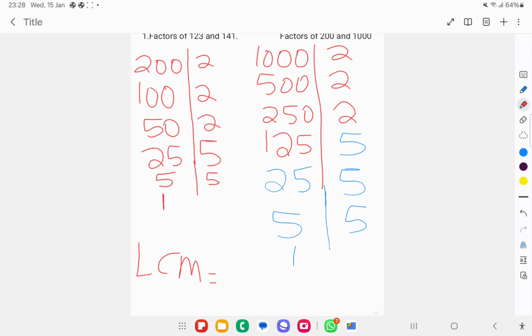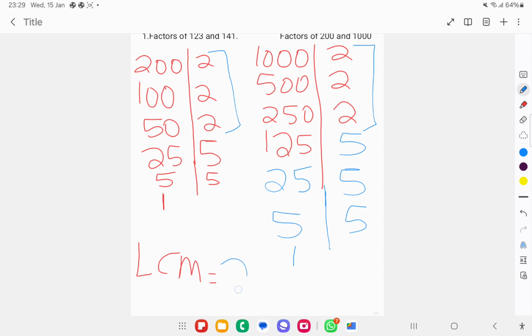Now when we look here, we have 2 times 2 times 2, so we have 2 that appears 3 times, which is the highest power of the prime factor that appears in both scenarios.